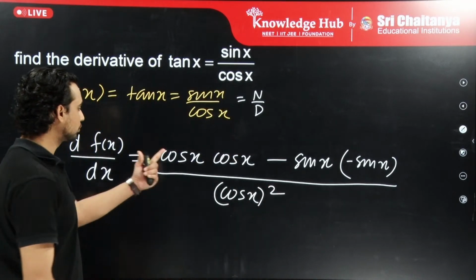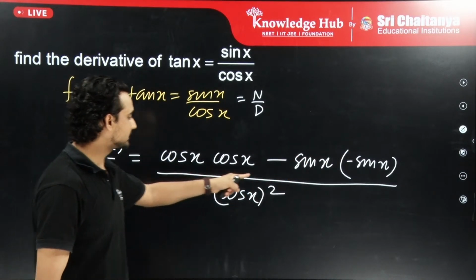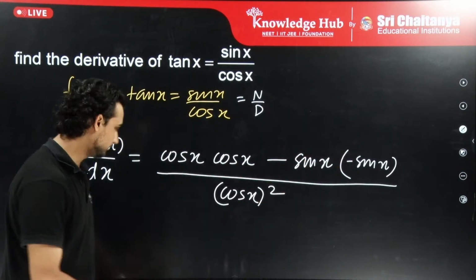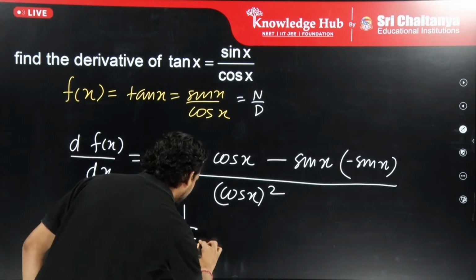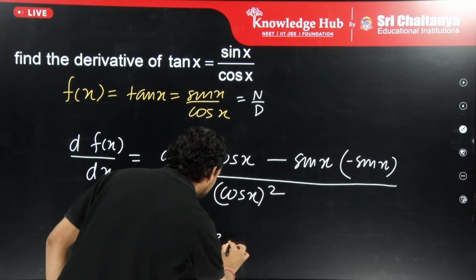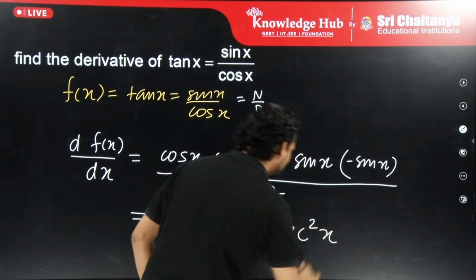So this will become cos square x plus sin square x, and cos square x plus sin square x will become 1, upon cos square x. And what is 1 upon cos square x? That is sec square x, because 1 upon cos is sec.